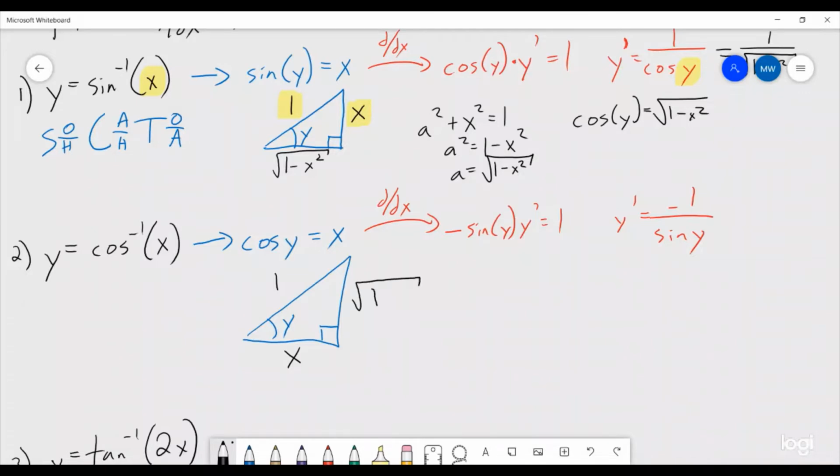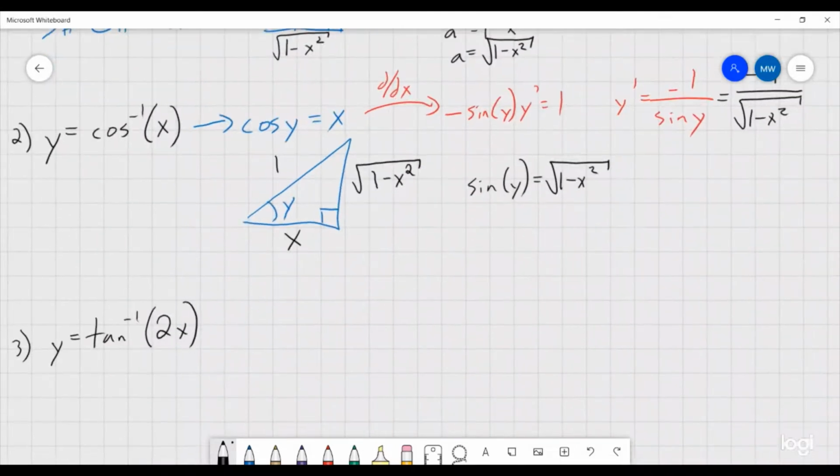But we again find that that is going to be the square root of 1 minus x squared. Which means sine is opposite over hypotenuse. So that means that sine of y is the square root of 1 minus x squared. So this time, y prime is negative 1 over the square root of 1 minus x squared. So that's the derivative of inverse cosine of x.